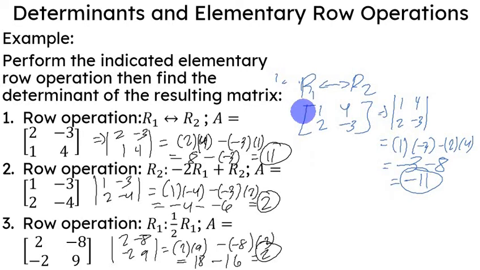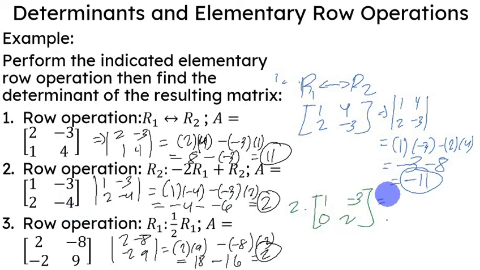Take note. For the second one, for row 2 to change, we'll have negative 2 times R1 plus R2. In doing so, I'll just copy first the first row, and in row 2, negative 2 times 1 is negative 2 plus 2 is 0. Negative 2 times negative 3 is positive 6, and positive 6 plus negative 4 is 2.